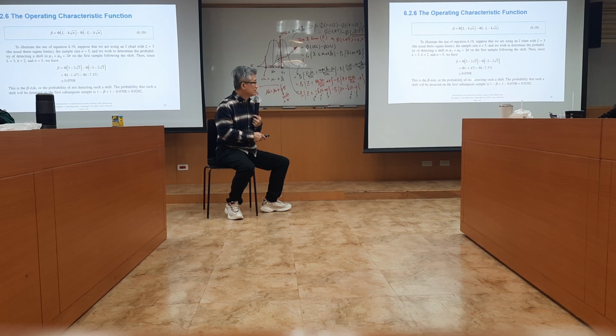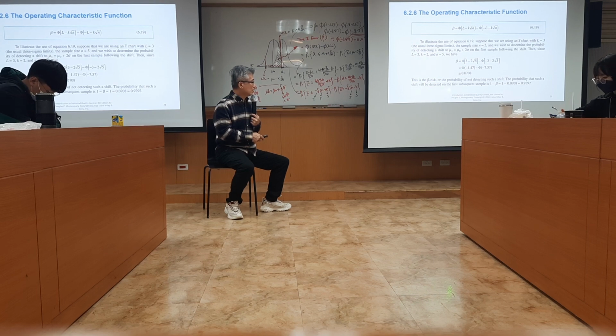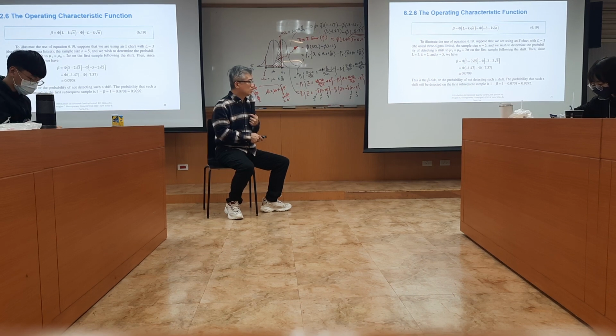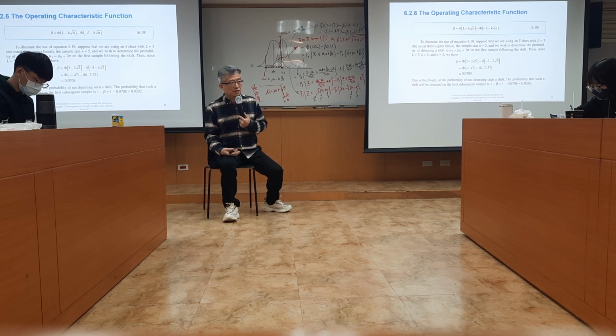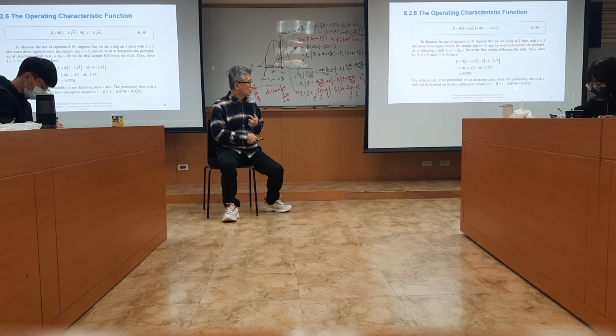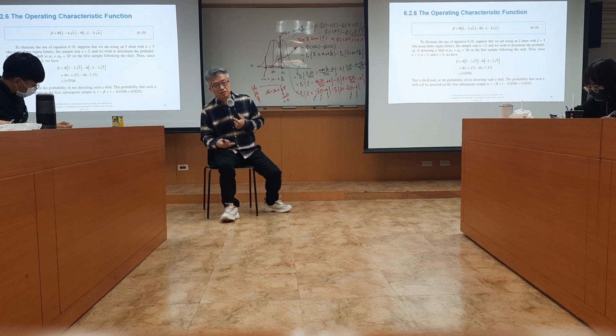So this is a beta risk, the probability of not detecting. The probability such a shift will be detected on the first subsequent sample. Instead, we like to say we are able to detect it. That is a power. So 0.9292 is a power. We are able to detect the shift.